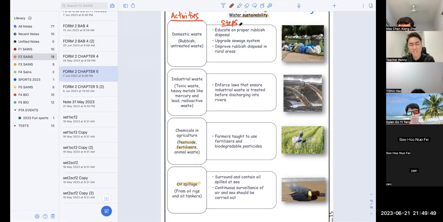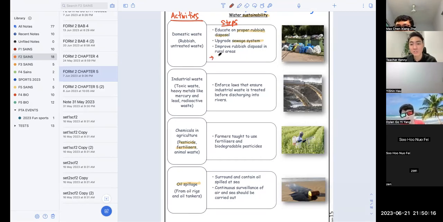So the question asks you, what's the steps for house rubbish waste? Teach people proper rubbish disposal. Disposal means throwing away. Teach your, okay, guys, throw your rubbish properly. Okay. Upgrade your sewage system. Sewage system means 你的大便那个水啊. Alright, the 大便水, the dirty water, toilet water, you upgrade, clean that water. Right? Improve rubbish disposal.